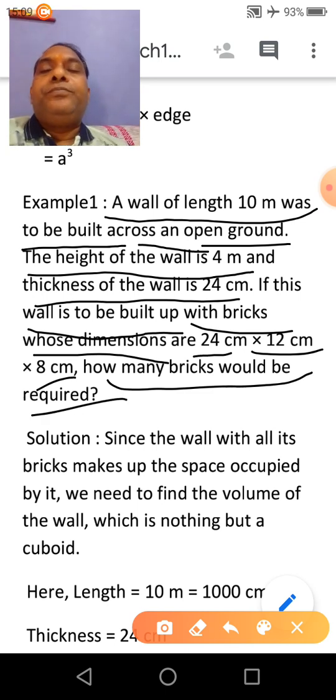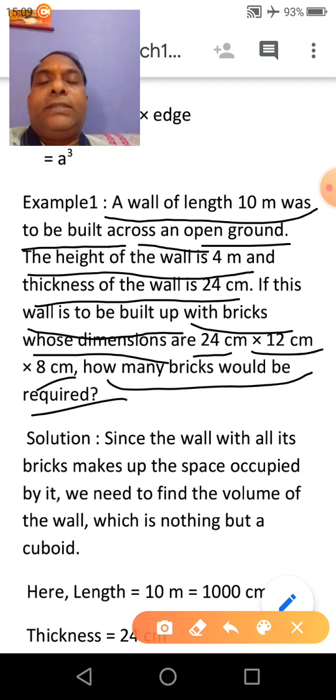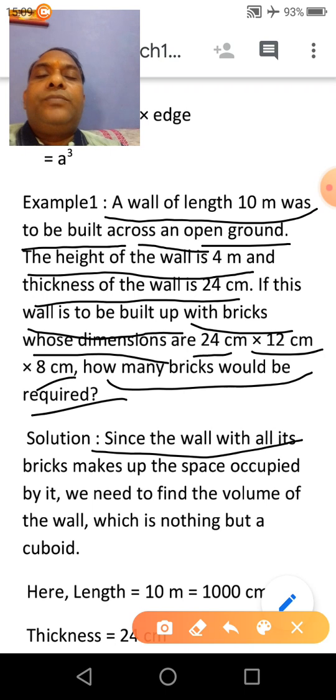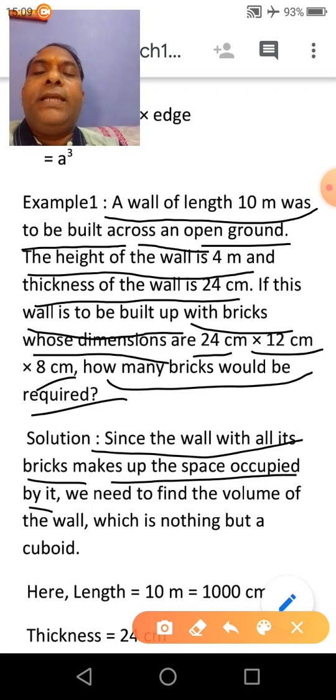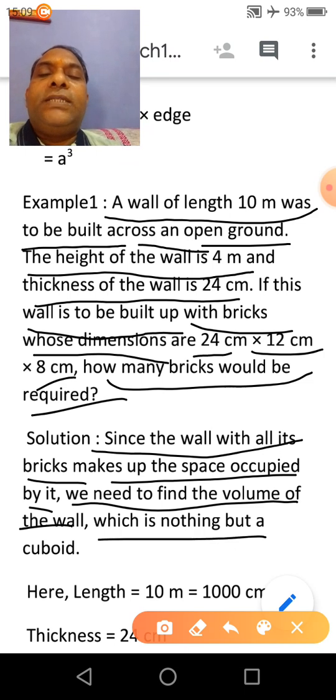Clear? So here dimensions of bricks are given and also dimensions of the wall are given. You have to find the number of bricks. Since the wall is made up of bricks that make up the space occupied by it, we need to find the volume of the wall, which is nothing but a cuboid.